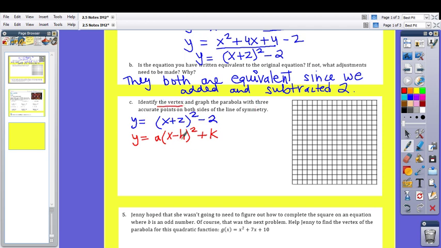Because there should be a negative here but you have a positive, that means this is your -2, and k is negative, so this is also -2. So your vertex is (-2, -2), and your stretch factor a is 1.